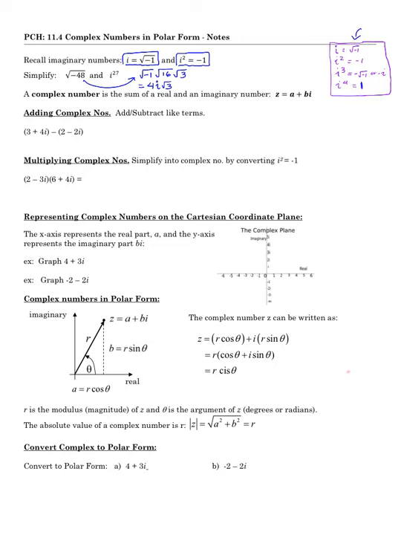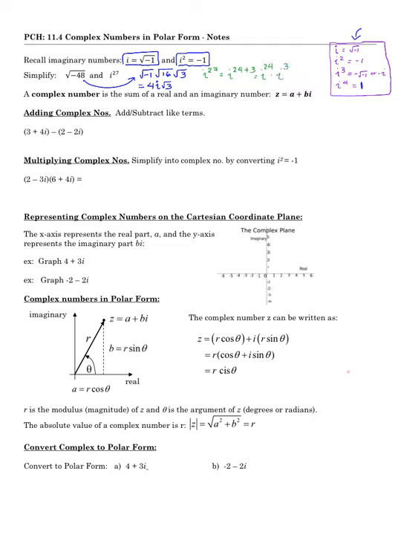And then if I was going to simplify i to the 27th, I'm going to use my property of exponents and break up 27. I'm going to pull off the highest multiple of 4, which would be 24, plus 3 is 27. And I know then I can write that as i to the 24th times i cubed.